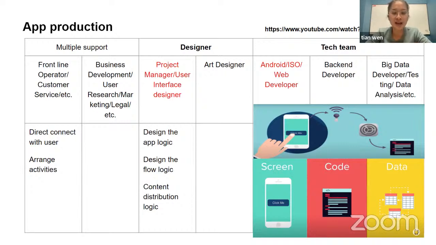If you are running a company, you can also consider recruiting an operations team, customer service team, BD group, or user research. There are a lot of functions you can consider including.